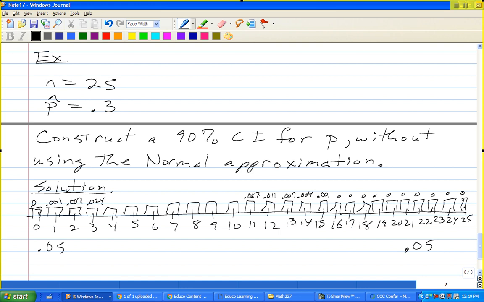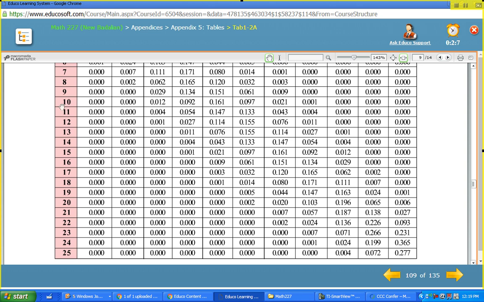Okay, good. 15 was 1. I think I messed up.